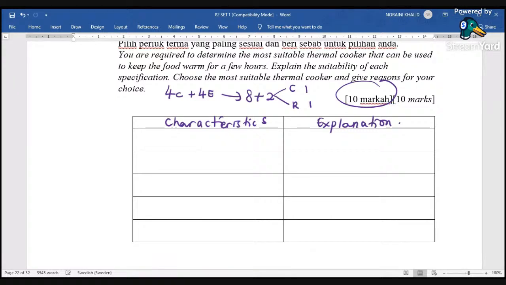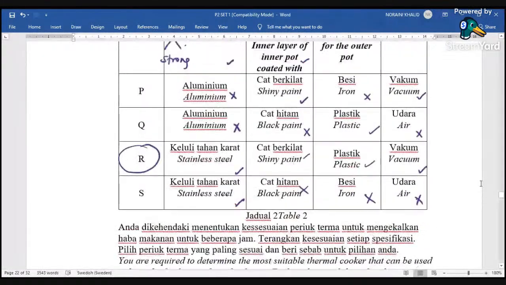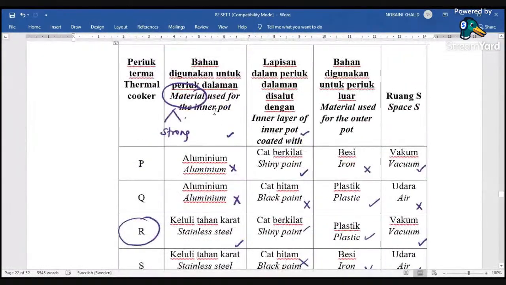Okay, so the first aspect, when you write, do write completely. For example, the first one we discuss is the material of the inner pot. You just copy from here.